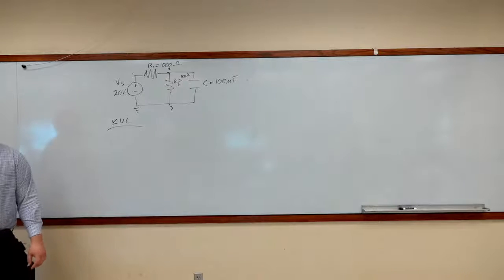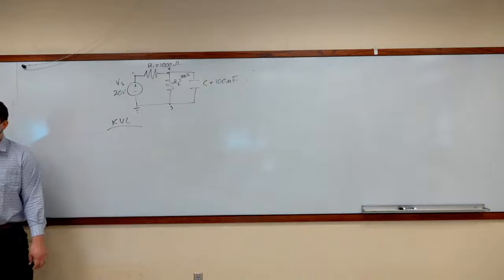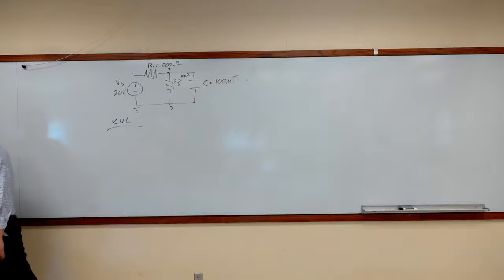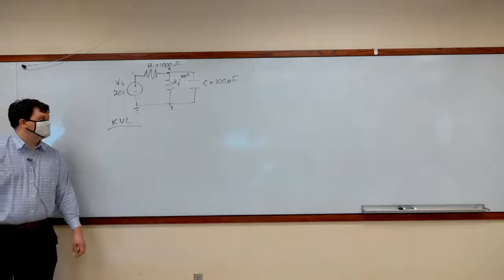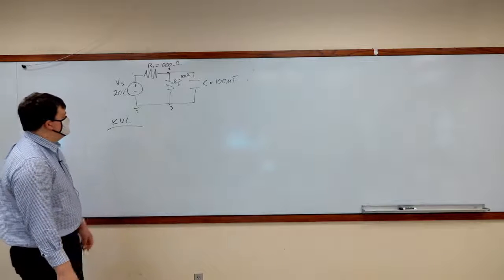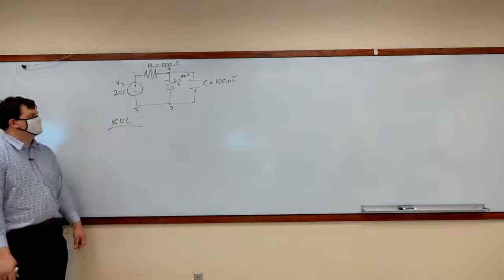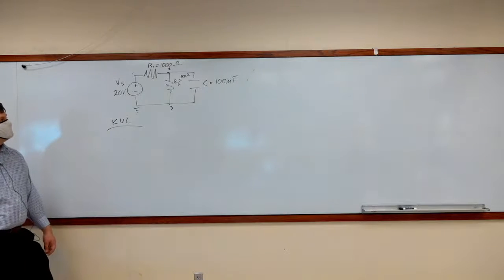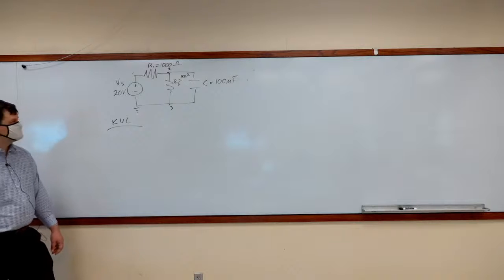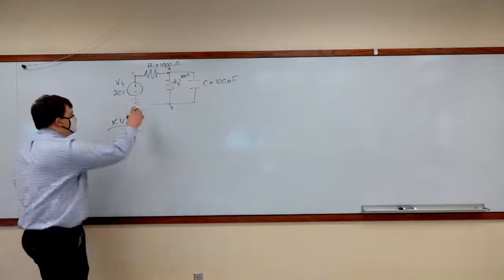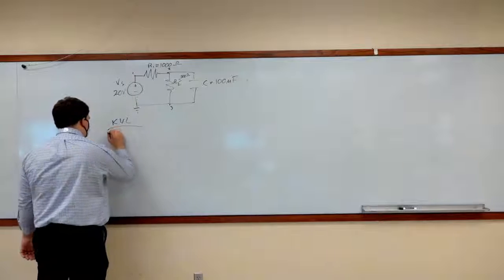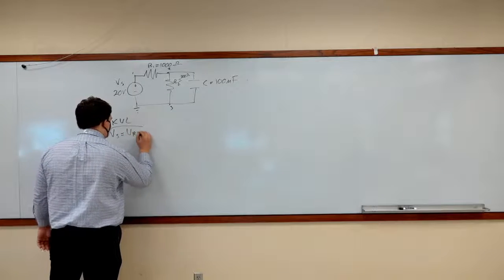How many loops do we have? We have 2 loops, which means we should have 2 equations. What are those 2 equations? R1 and R2. So here we've got VS equals VR1 plus VR2.